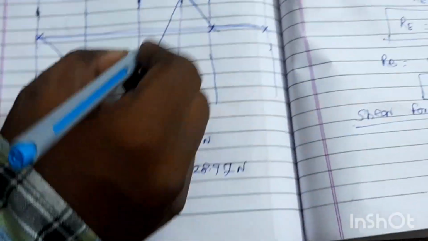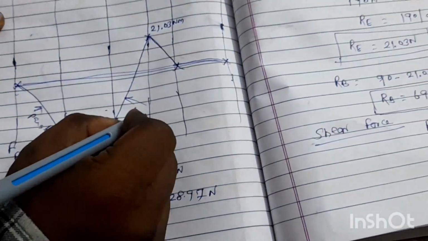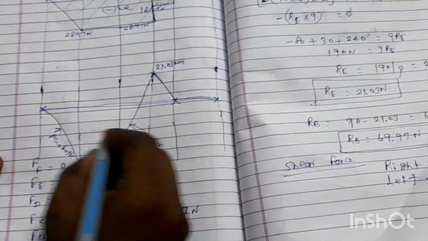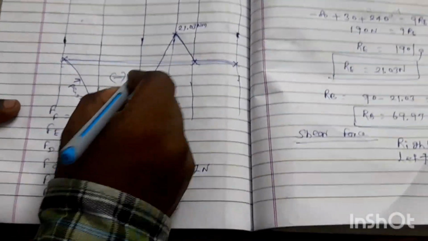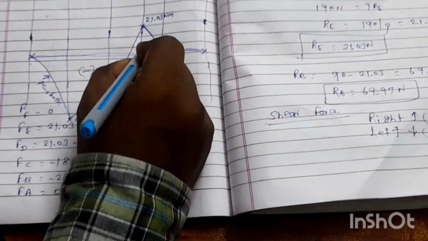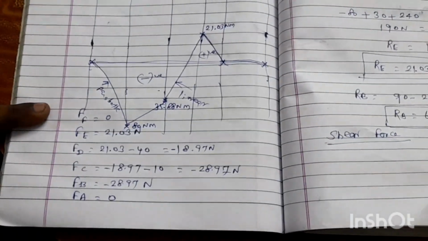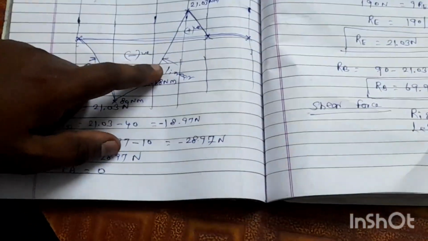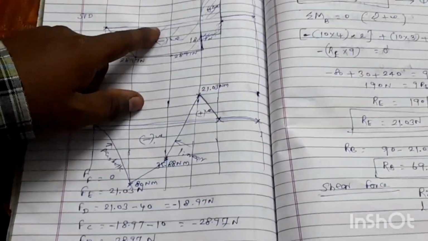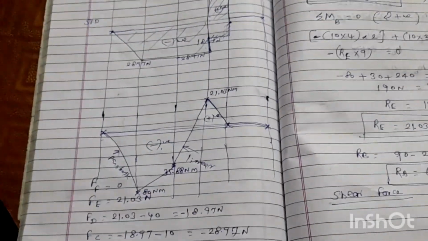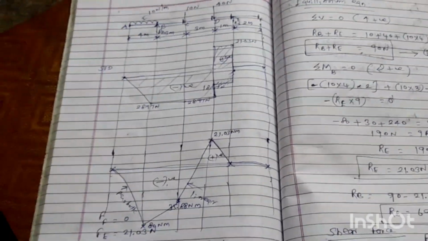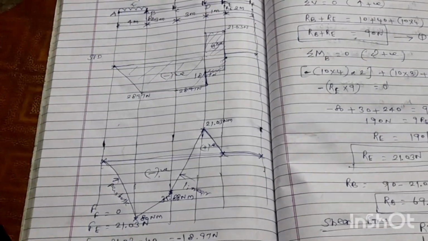Everything is linear other than that. So this is the negative and this is positive. So this is the bending moment diagram, and this is the shear force diagram for the given overhanging beam.